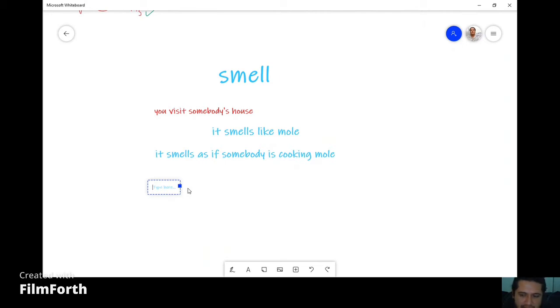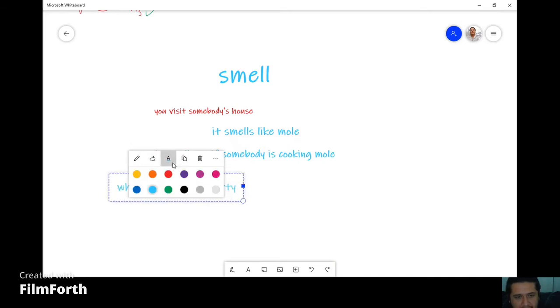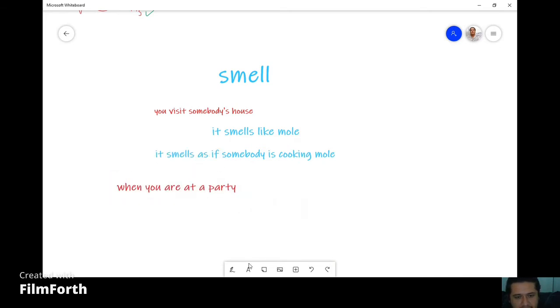Well, another situation that you can imagine here is probably when you arrive at the party, no? So I'm going to put it here. When you are at the party, and then you notice that there are a lot of people smoking over there.